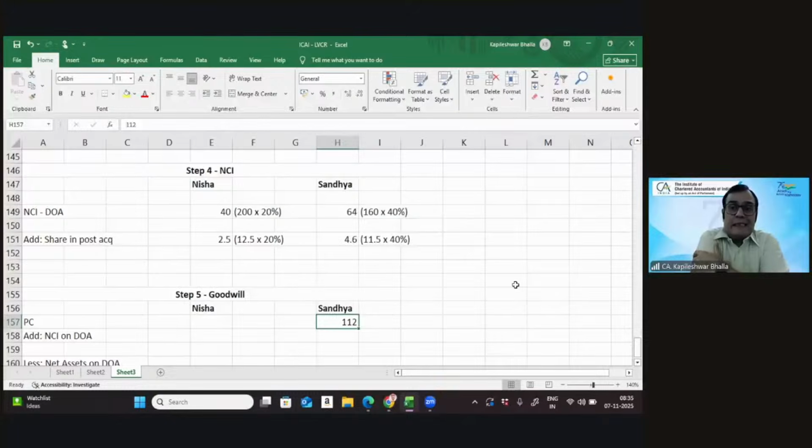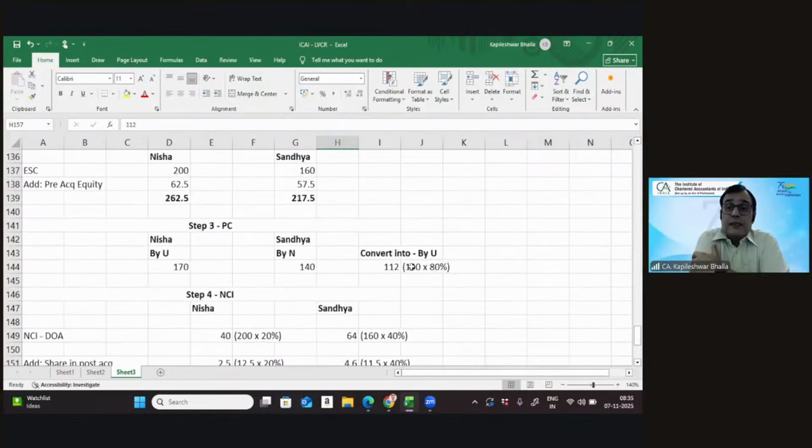The question indirectly is, you took 80% of 140. In the calculation of the PC, you're taking 80% of 140. So where does that remaining 20% go? What do you say? Because 80% goes in the calculation of the goodwill, then where do we take the remaining?